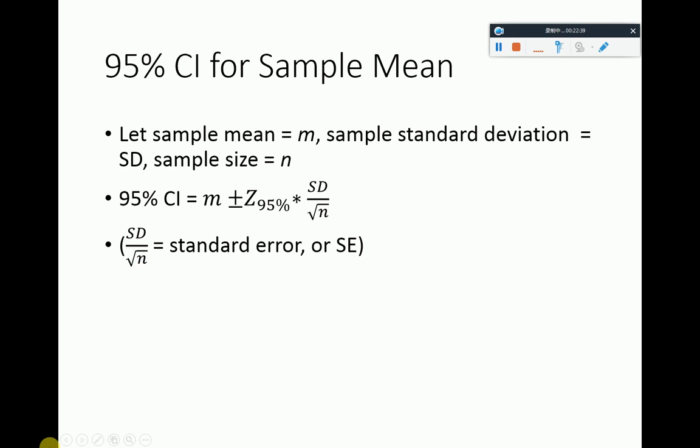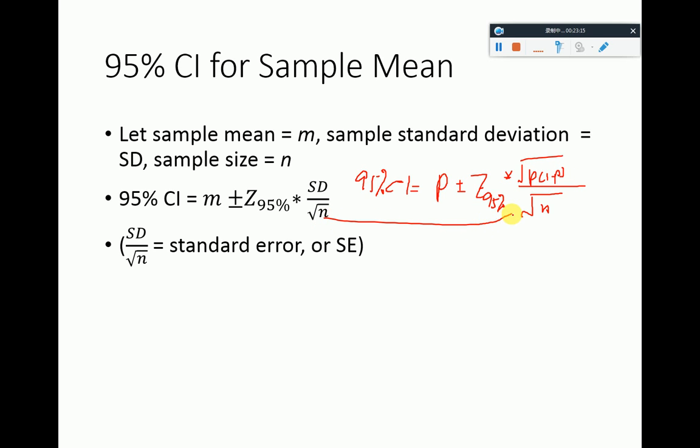This is very much like the 95% confidence interval for sample proportions: the sample proportion plus or minus the z-score associated with the 95% confidence level times the ratio here. The only difference is that the standard errors are different.